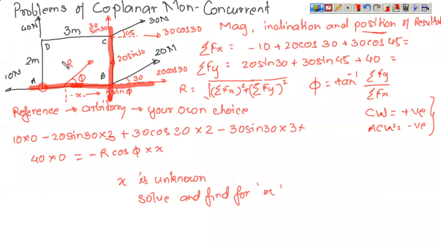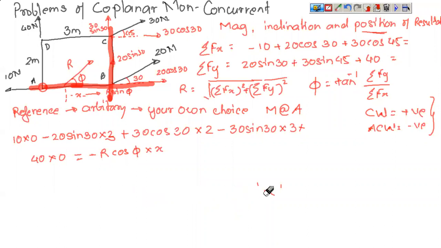So in the first part of the problem, what we had done is moment about A. Now we will find moment about B. To find moment about B, we have taken B as the reference and drawn the reference locations.